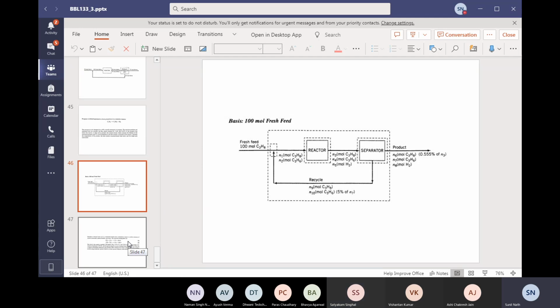That means if you do the overall balance, you will get N6, N7, N8 also. So N8 will also be 95 moles. We can do that by the reaction itself: 1 mole of C3H6 would be formed for 1 mole of C3H8. So from the propylene balance and the H2 balance, both of those are 95. So you know N6, N7, N8.